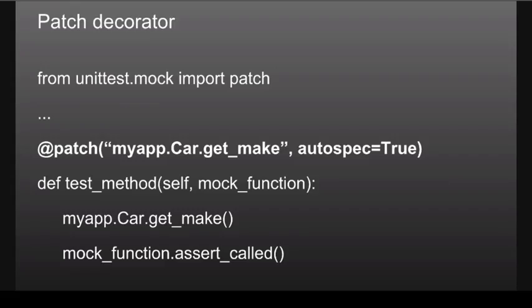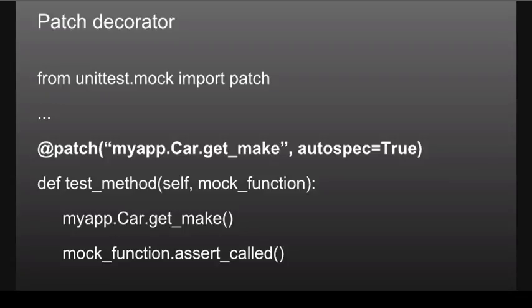So an even simpler way to get a mock object to work with your unit test function is to use the patch decorator. It's basically a convenience decorator that allows you to specify a function on a known class in some module.